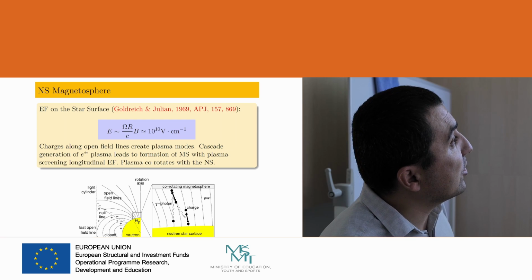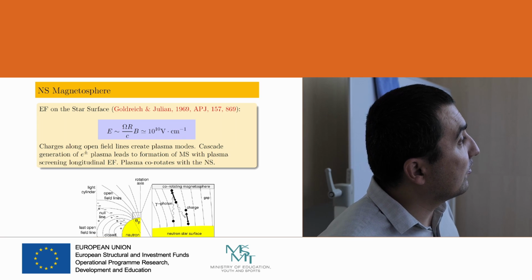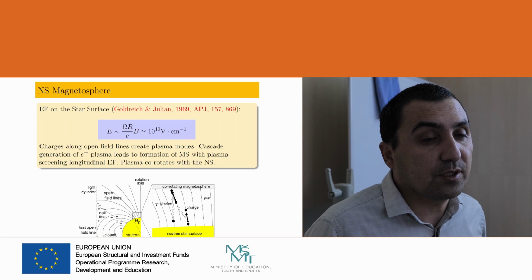This cascade generation makes plasma magnetosphere around the neutron star.